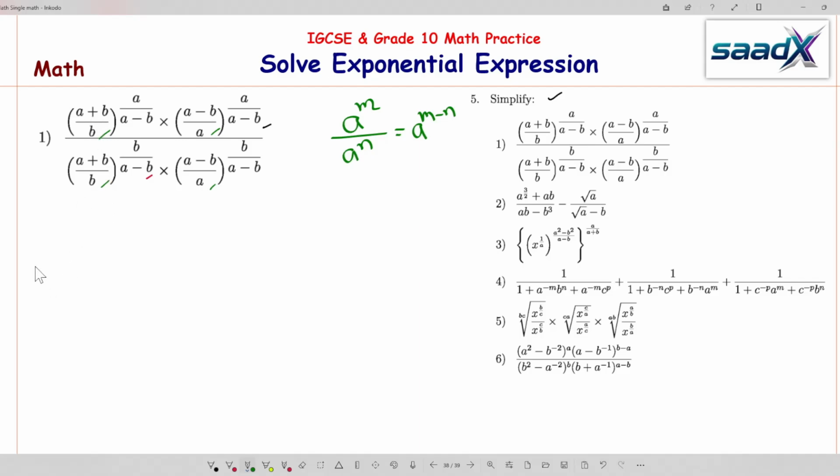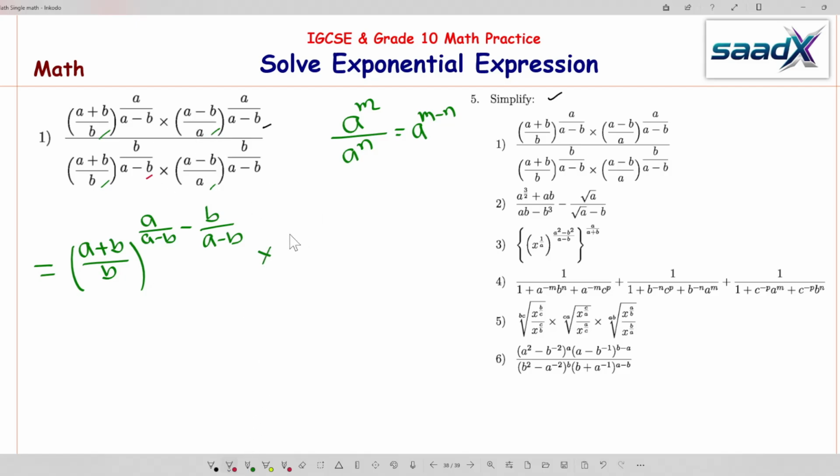Similarly here, a plus b by b is the same base. So we can write a plus b by b to the power a divided by a minus b minus b divided by a minus b.